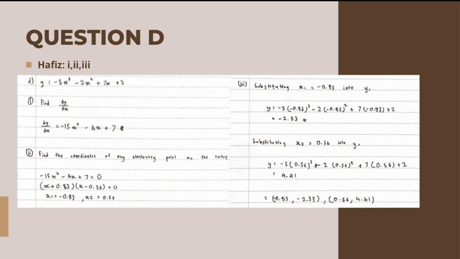Then you need to substitute x2 equals 0.56 into y. Replace x with 0.56 into the equation and you will get the answer of 4.41. So the total number of stationary points is 2.